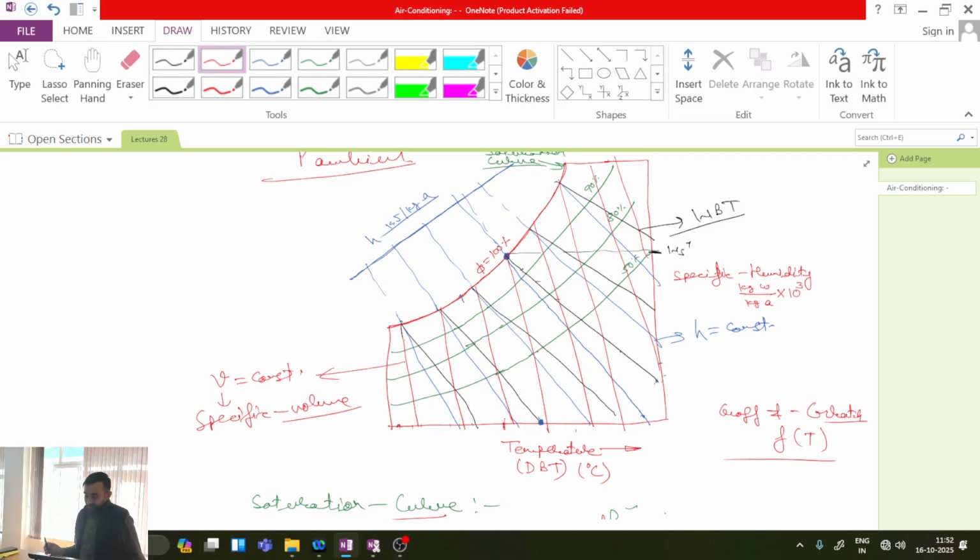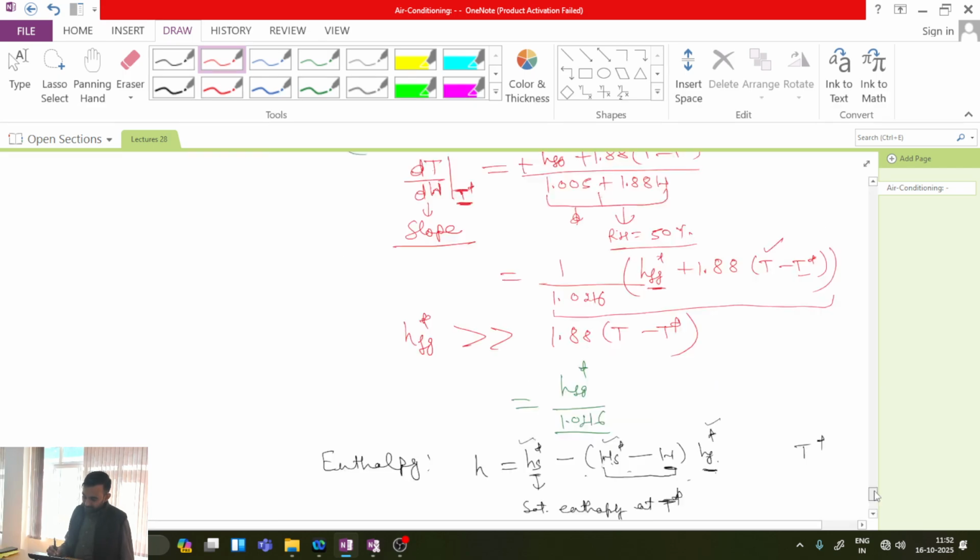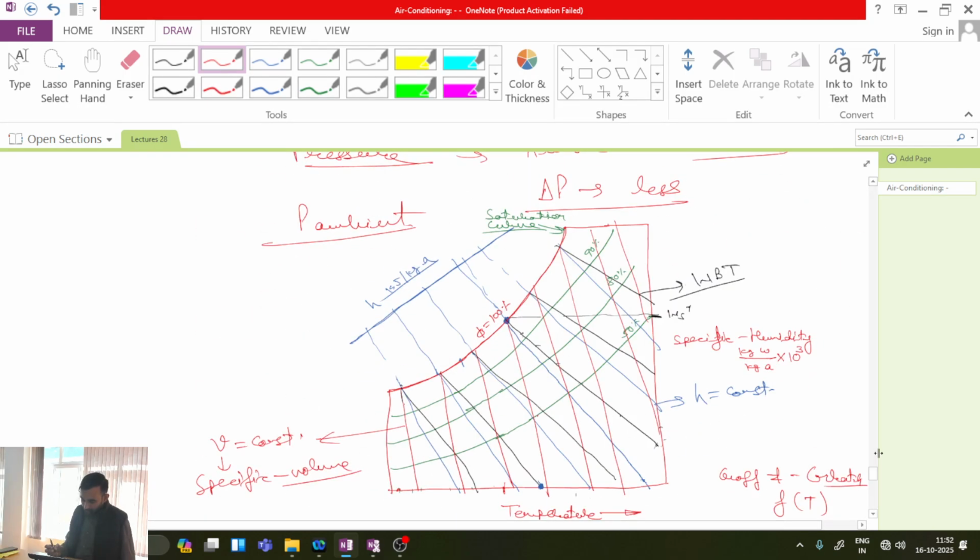Clear? Then other than this, there is one more parameter which is generally present on the psychrometric chart. Along with the scale of specific humidity, there is one more scale behind it, over here.